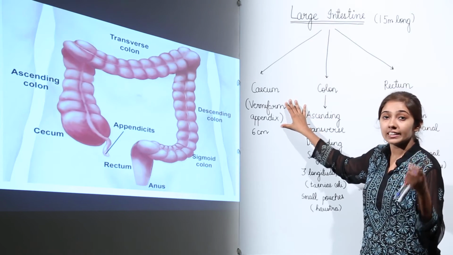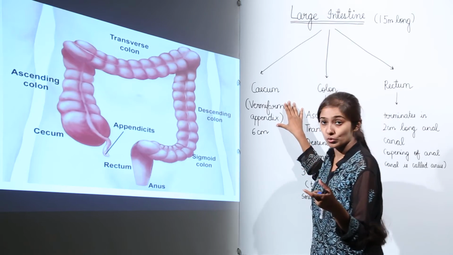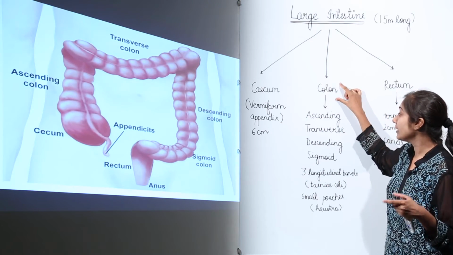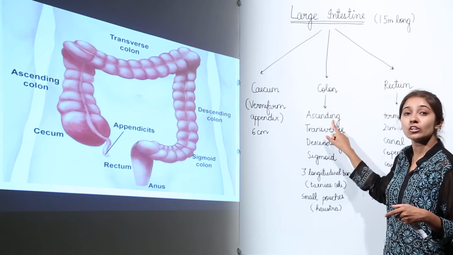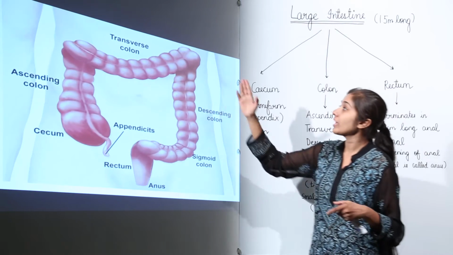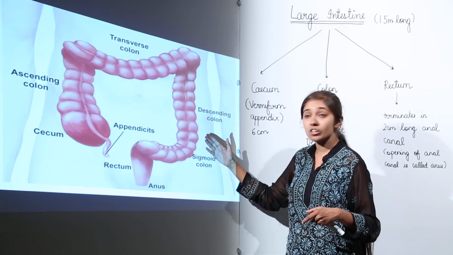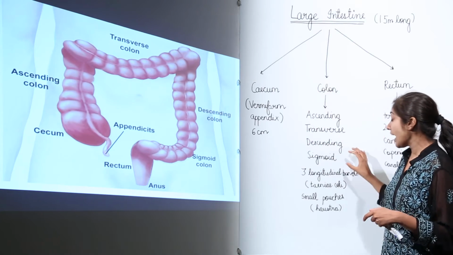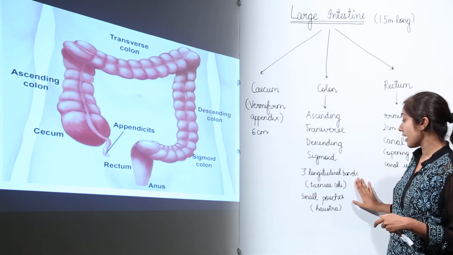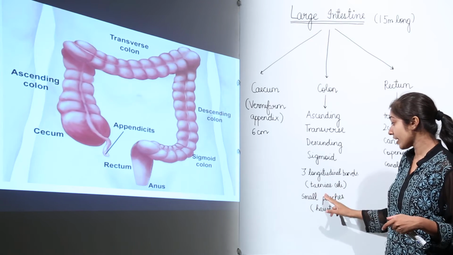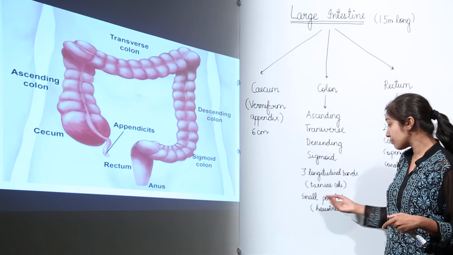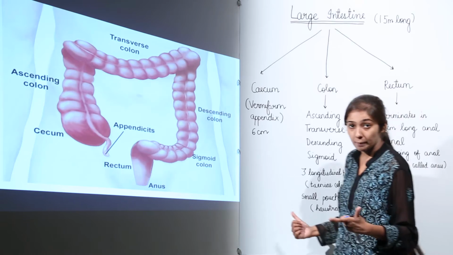This appendix contains lymphoid tissues, okay. Then the colon is divided into 4. We have the ascending colon. As you can see in the image, we have a transverse colon, a descending colon and a sigmoid colon, and there are 3 longitudinal bands which we call taenia coli, and we have small pouches which we call haustra.